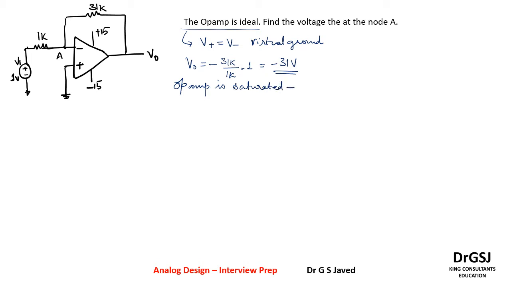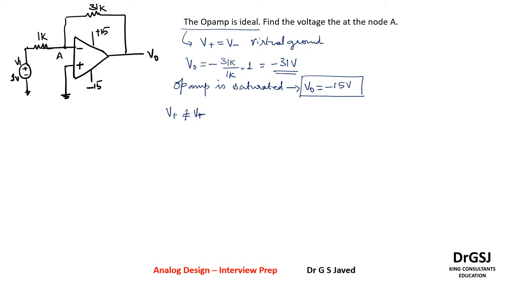And the output saturation value is the negative maximum, which is minus 15 volt. Now since the output is minus 15 volt, that shows that the ideal virtual ground concept does not apply here. That means V plus is not equal to V minus.